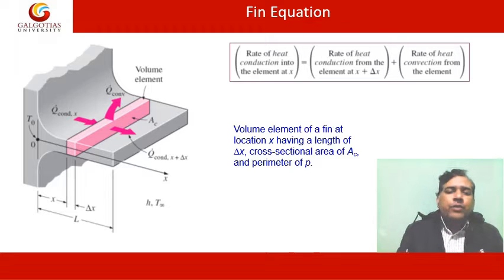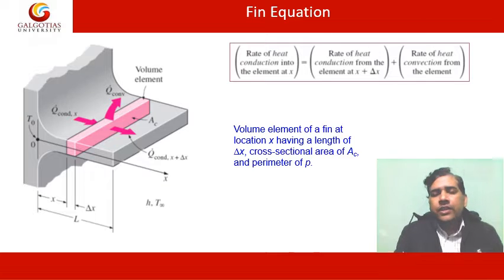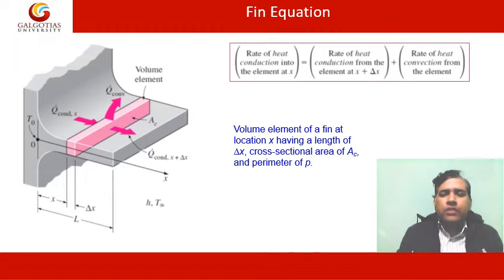From Newton's cooling law, we know Q equals hA times delta T. So one way is to increase the heat transfer coefficient, and another way is to increase the area. If we increase the area, we can again increase the heat transfer rate through convection.